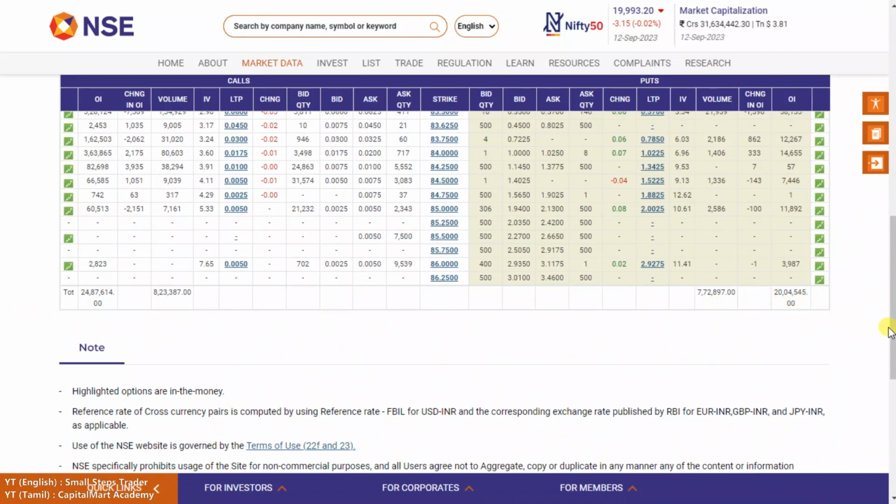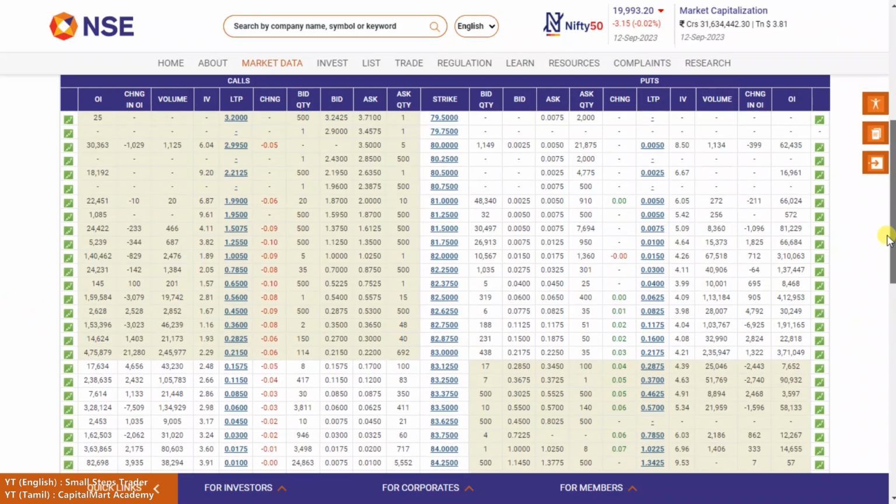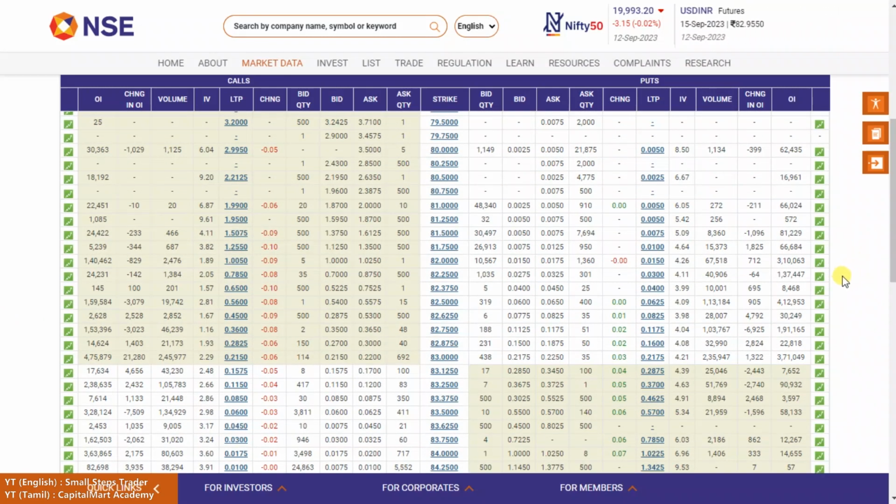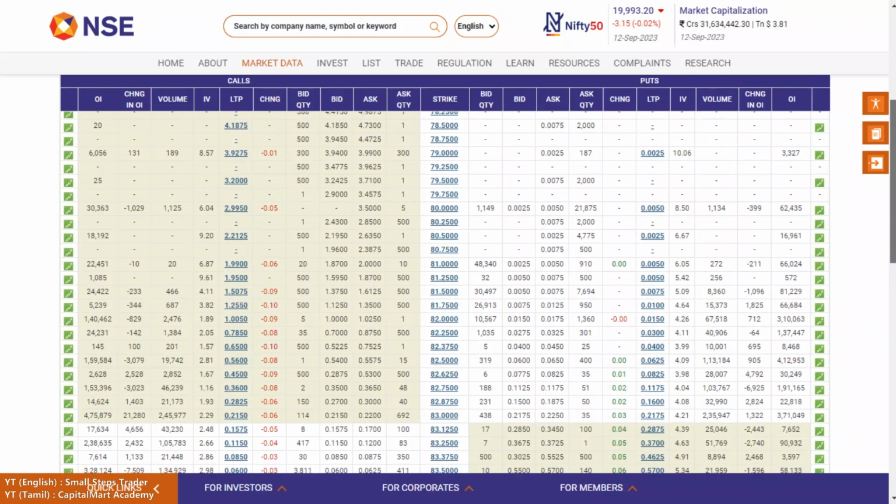So USDINR has very, very huge liquidity. Easily you can enter and easily you can exit anytime as you wish. That is the reason I most of the time do USDINR. I don't avoid taking a future either.